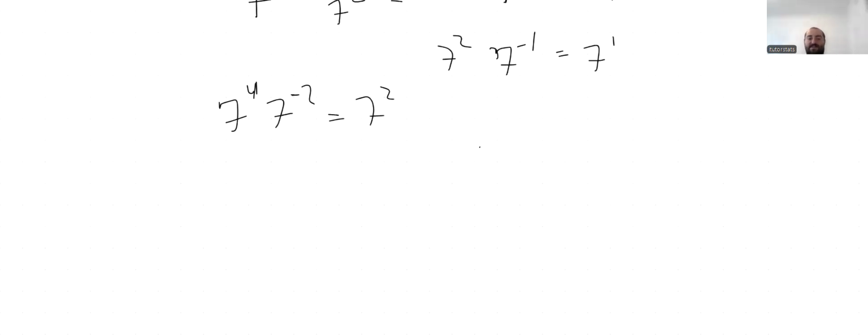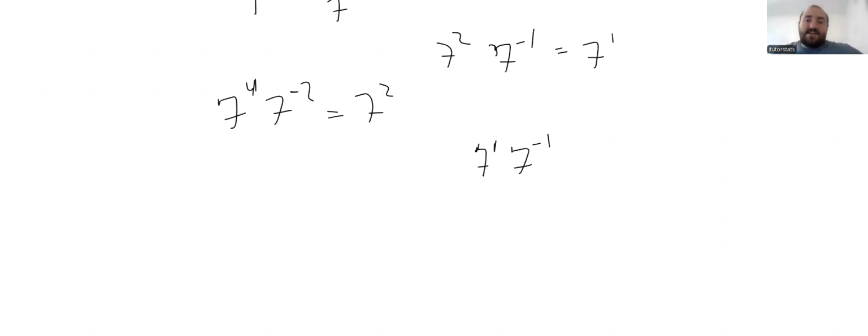If I multiply by 7 once, and then I unmultiply by 7 once, then I have to get 1, which is the identity in the multiplicative context. And that 1 has to be 7 to the 0, because it's been working so far where 7 to the a times 7 to the b equals 7 to the a plus b.